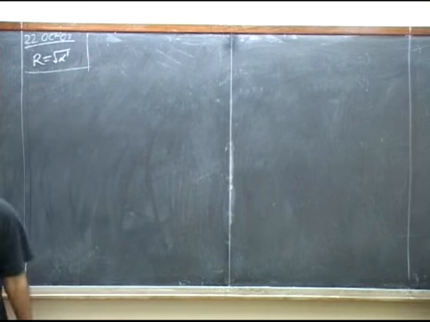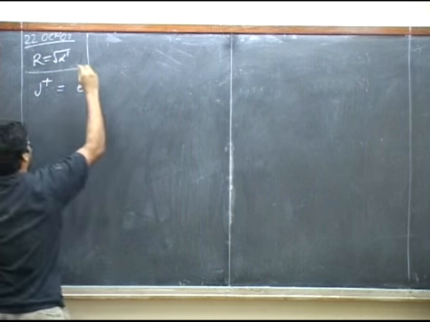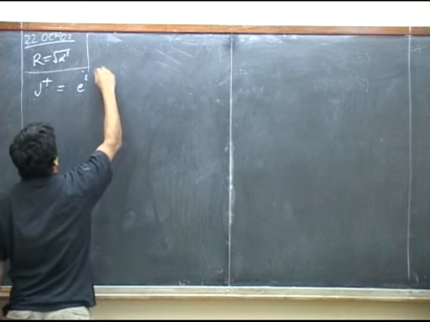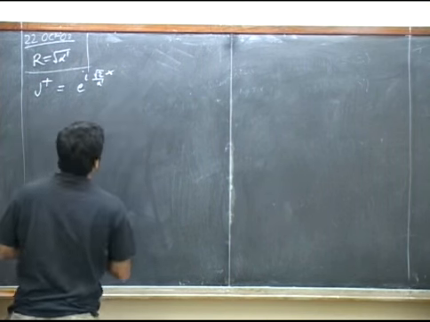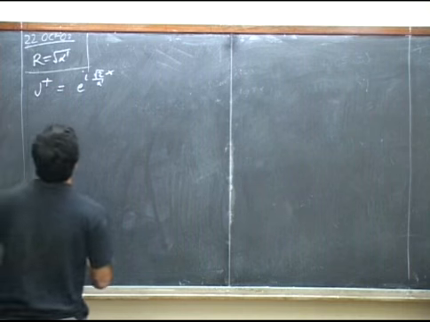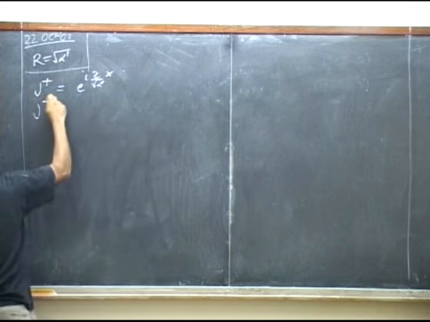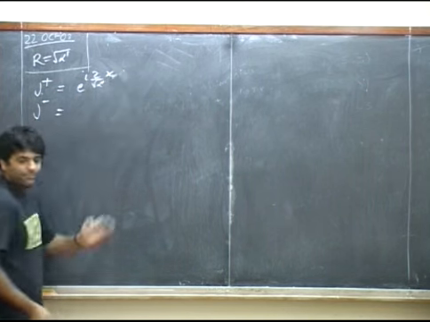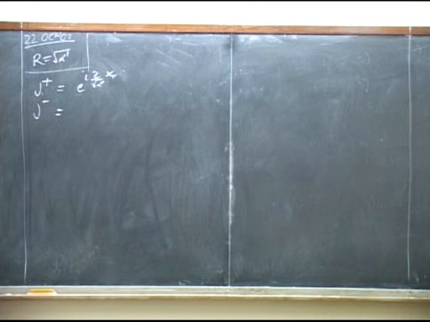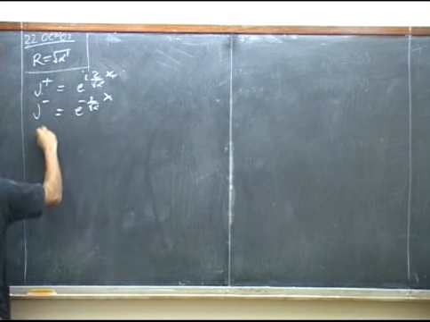We then started looking at the self-dual radius in a little more detail, and we defined these three: j plus is equal to e to the power i square root 2 over alpha prime x, j minus is equal to e to the power minus i square root 2 over alpha prime x, where by x I mean xL, and jz is equal to i over square root alpha prime times the derivative of x.